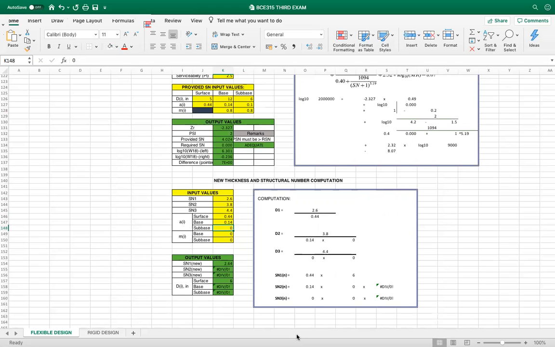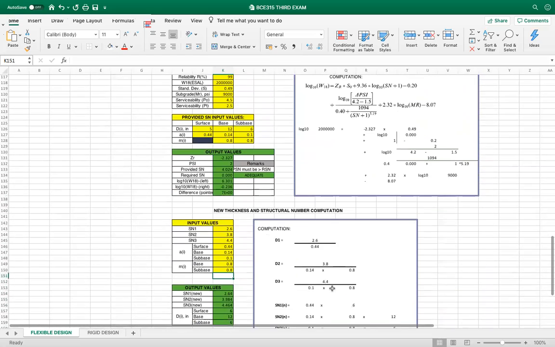Subbase would be 0.1, and the base drainage would be 0.8. Subbase would be 0.8. And there, we compute the new SN1, I mean, the SN2 and the SN3, also with the surface, base, and the subbase.